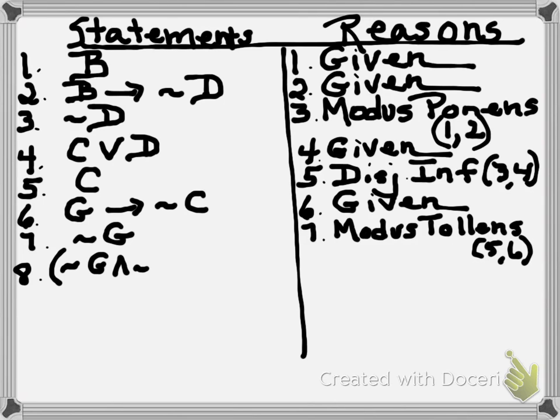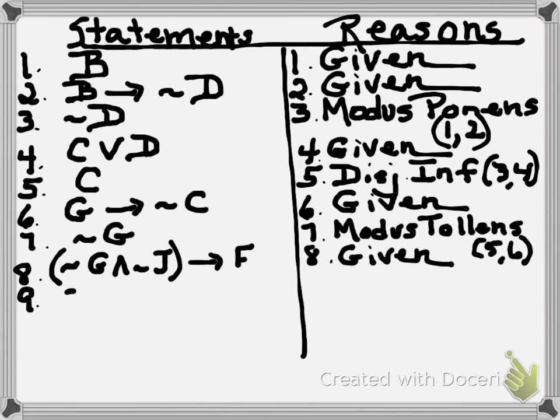not G and not J implies F, which is given. And I'm going to bring in the single statement not F. And now putting these together. The negation of the conclusion means the negation of the hypothesis. And do not simplify it in this step.